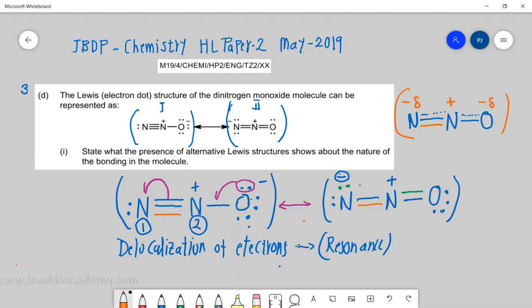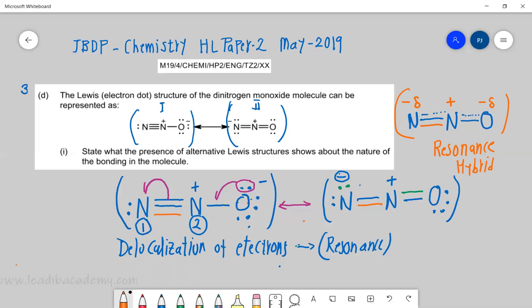So this is what we call a resonance or resonating hybrid. This is the hybrid structure. Okay. So this is what we should understand. Because of the delocalization, there is a resonance, which is a resonating structure that is being formed. So there is neither double bond nor triple bond between two nitrogens. We can think for all practical purposes it is like a 2.5 bond.